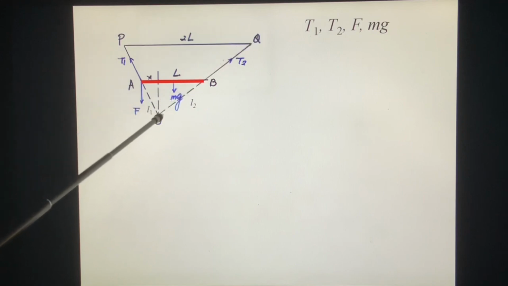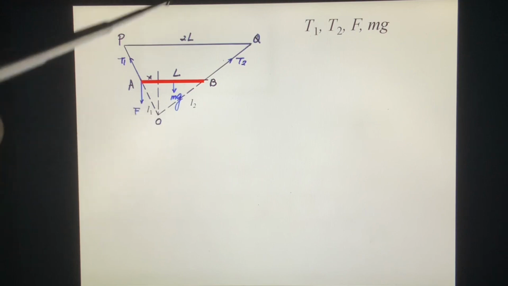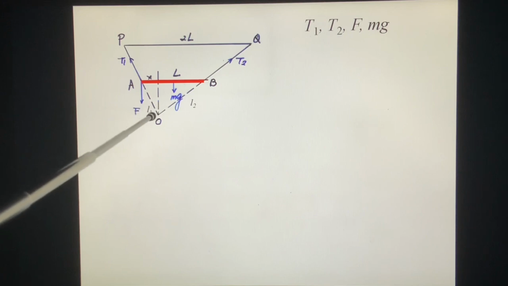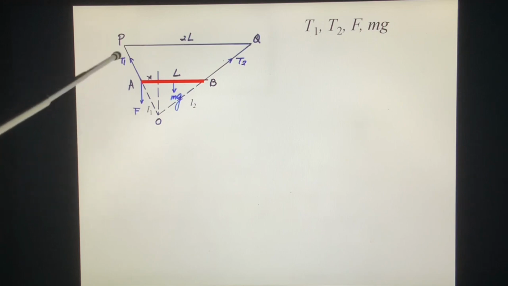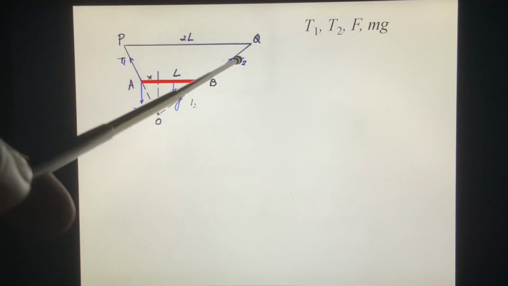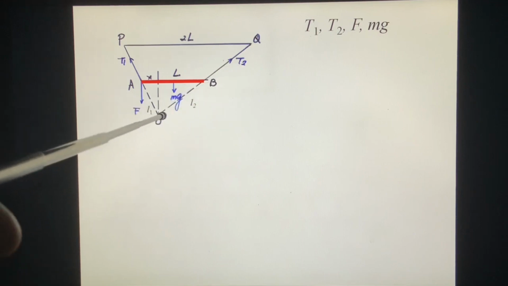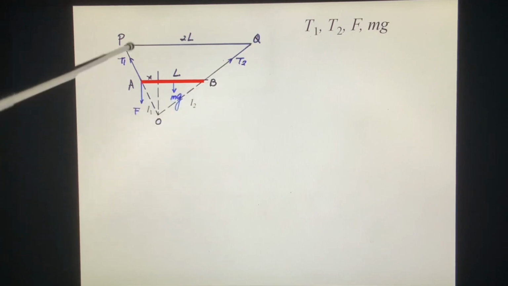They intersect at point O. Sigma tau around O must be 0 because AB is in equilibrium. Around point O, the torques of T1 and T2 are 0, so we can avoid them.